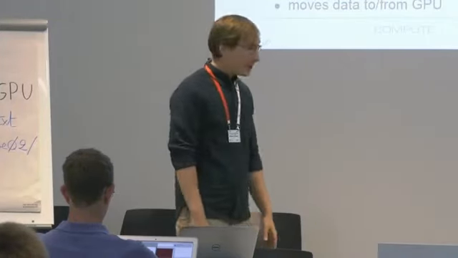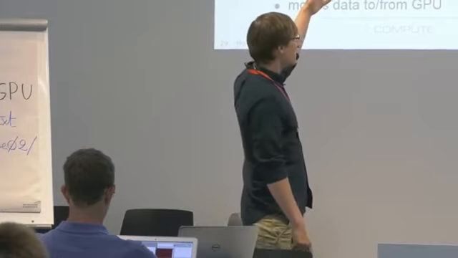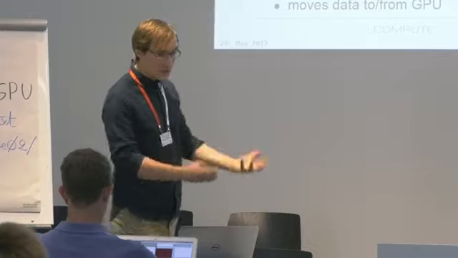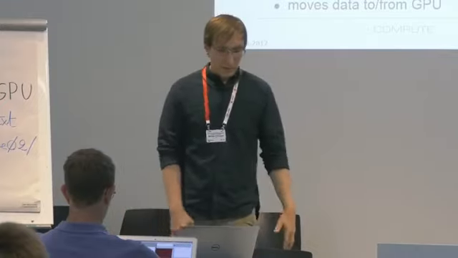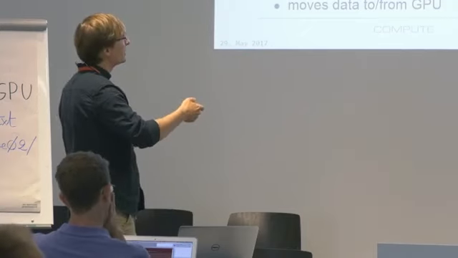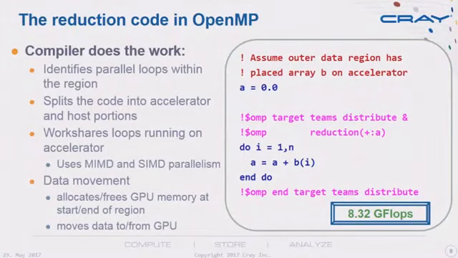What the compiler then does for us, and I mentioned already that these statements are just hints for the compiler, is split up the code from the serial part. Here we do initialization on the CPU. Then we have a part which should run on the GPU, namely this kernel here.